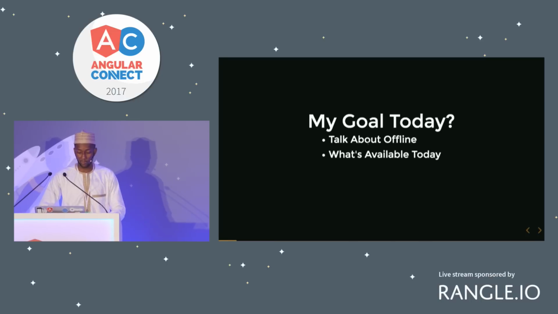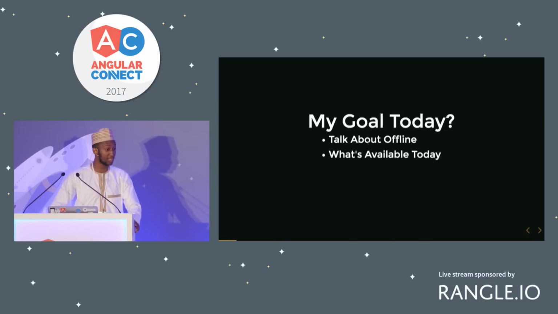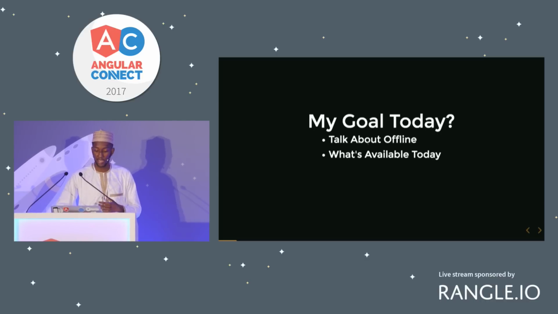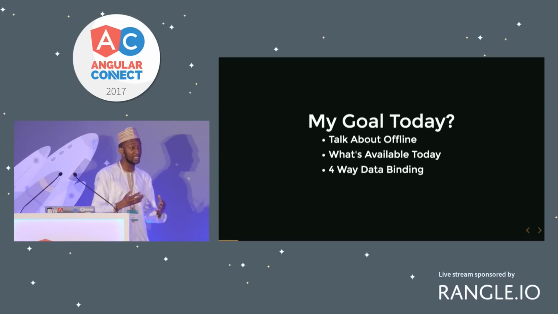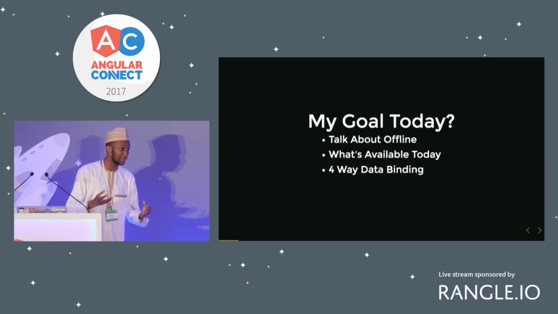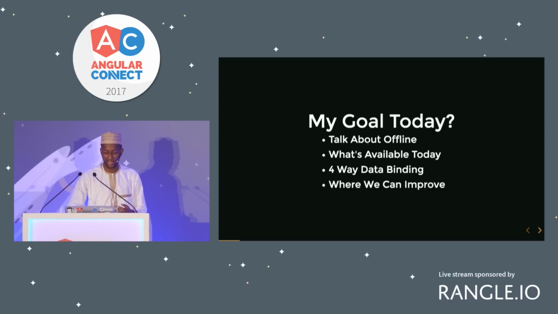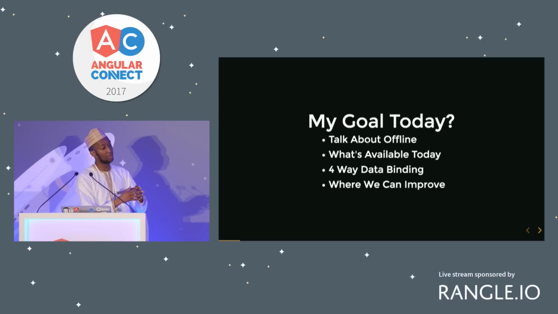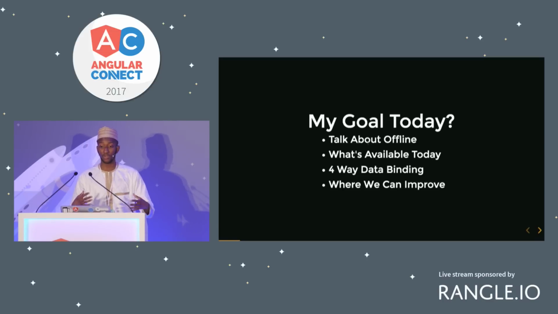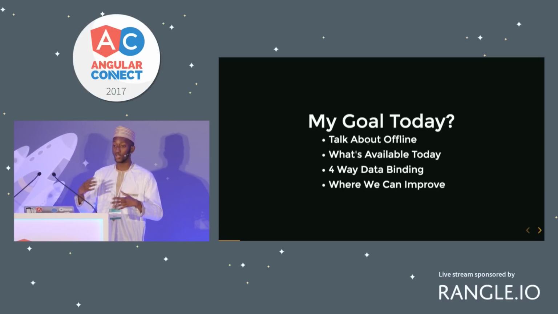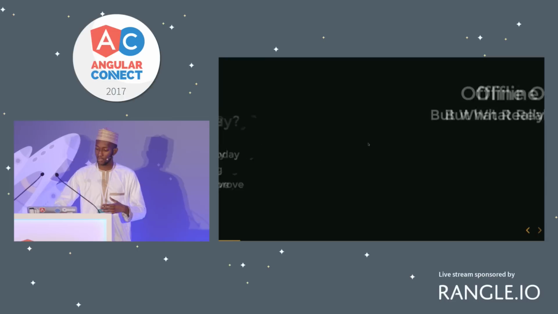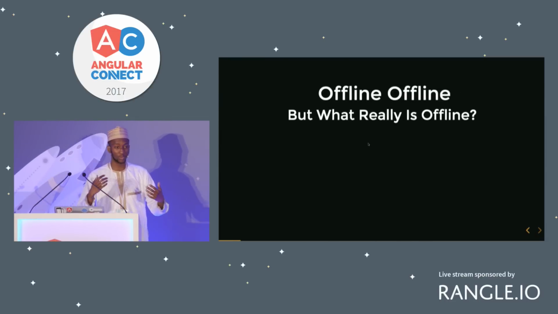I'm going to show you what's available today, the offline stuff that we have and how it works. Then we're going to talk about four-way data binding. I'll show you what exactly I mean by the term, and I can also talk about where we can improve as a community in terms of the things we're doing with our applications.